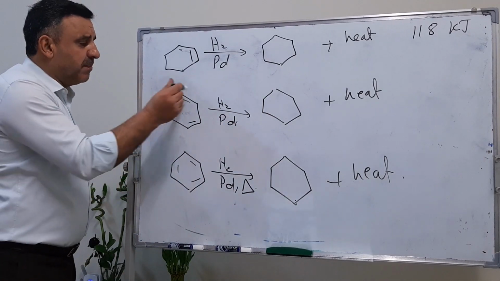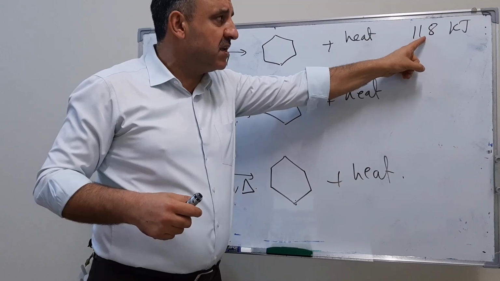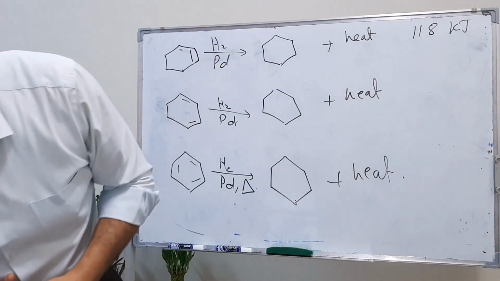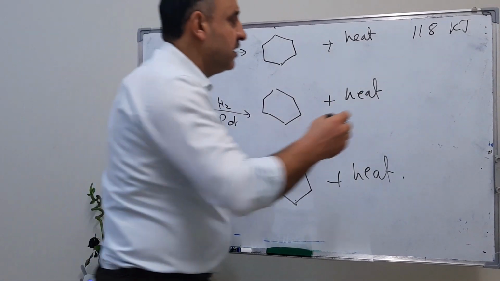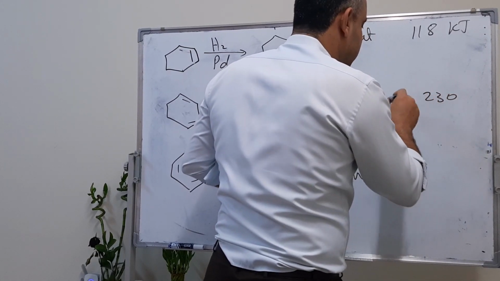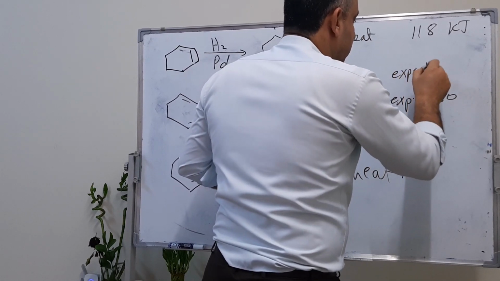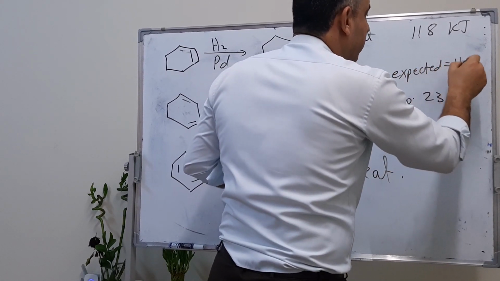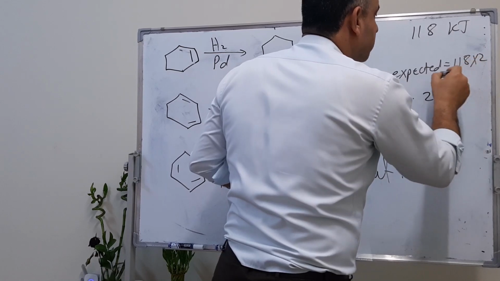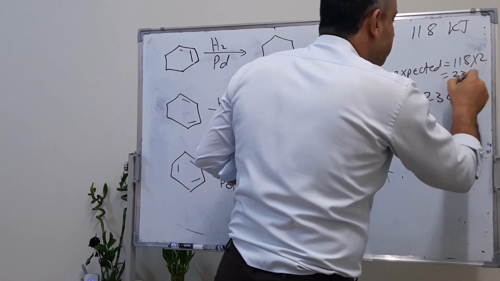If we have two double bonds, we should expect the delta H to be two times this. But what we got actually is 230. This is experimental. Expected, we should expect 118 times 2, which means 236, which is approximately the same.